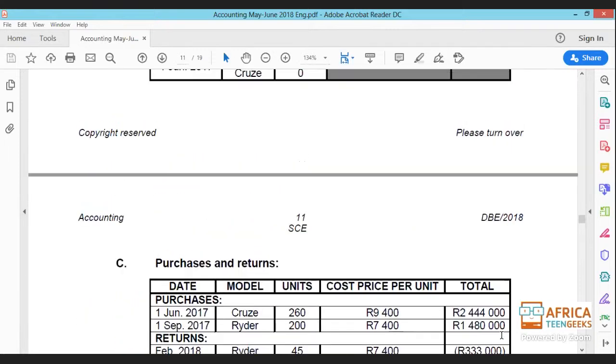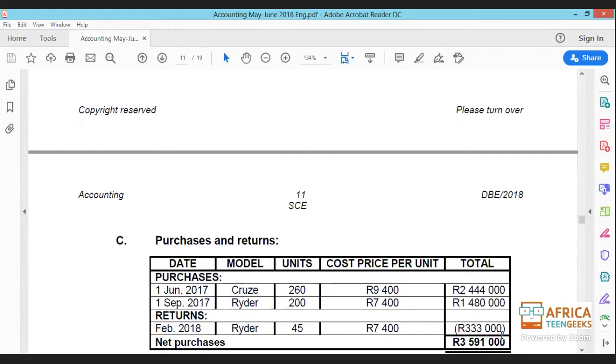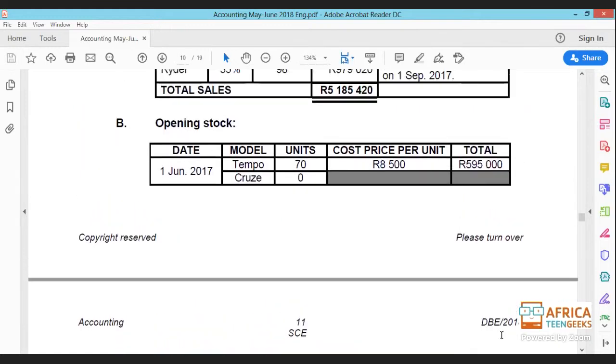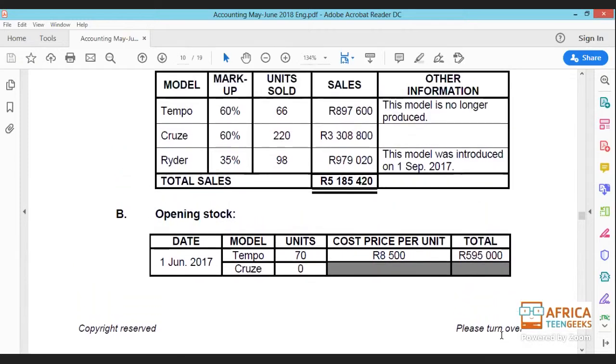Okay, so now let's try to calculate the value of closing stock. We know that the value of the closing stock must be based on sales, right? So we must do it for each product, each model: Tempo, Cruise, and Raider.